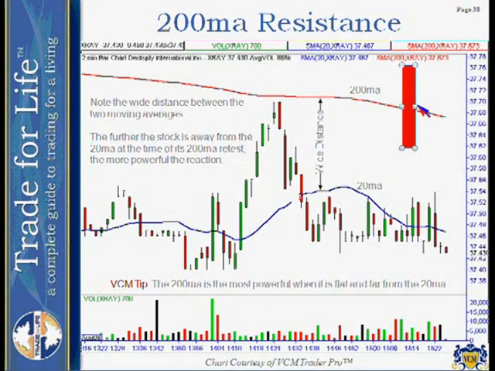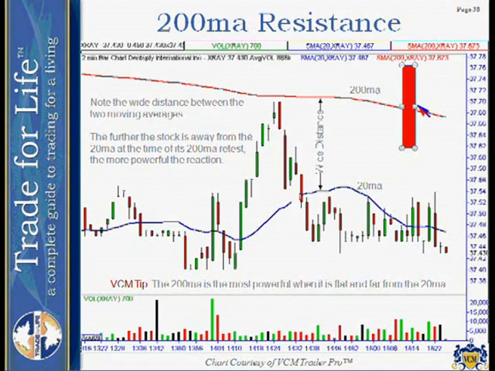Reason number two, you're right at an overhead flat 200 on the 2-minute. Reason number three, what is it? From the 20, yes. Reason number one, daily trend is down. Reason number two, you're up against the powerful resistance at the flat 200.